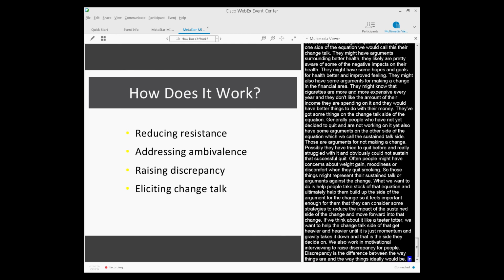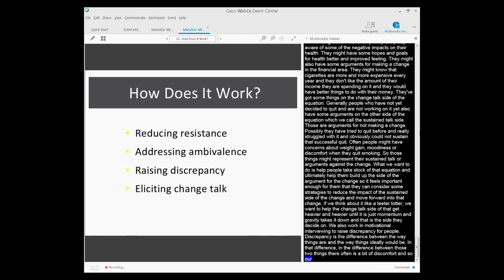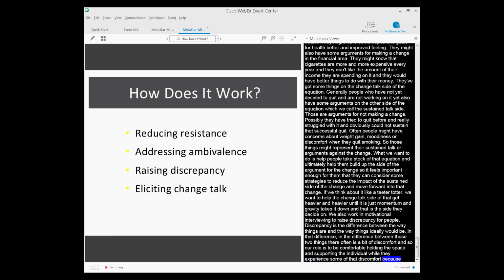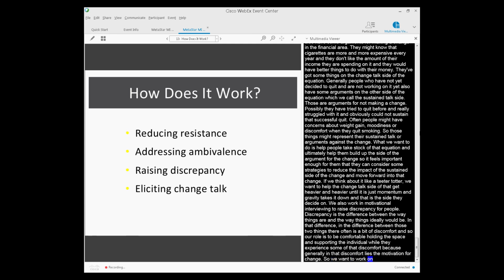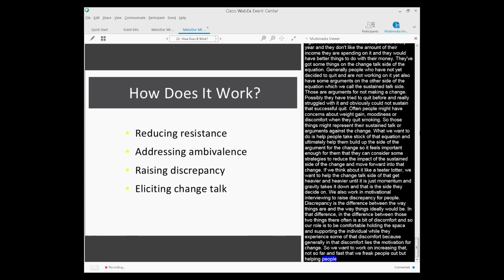Our role is to be comfortable holding the space and supporting the individual while they experience some of that discomfort, because generally in that discomfort lies the motivation for change. We want to work on increasing that, not so far and so fast that we freak people out, but helping people gradually explore some of that discomfort and think about making some positive changes to resolve it.